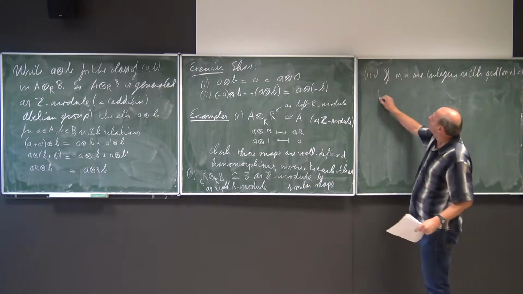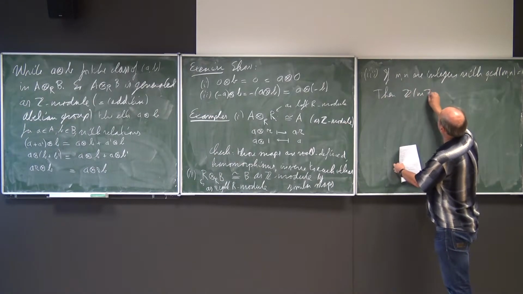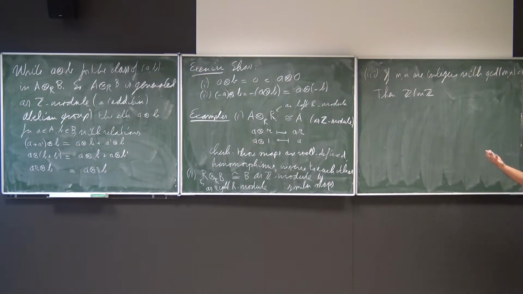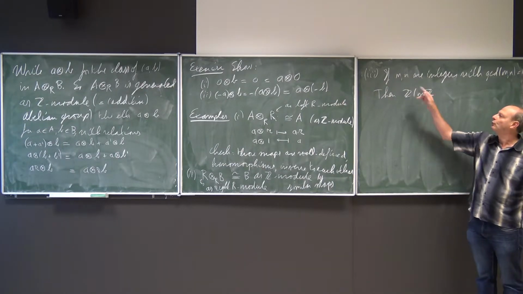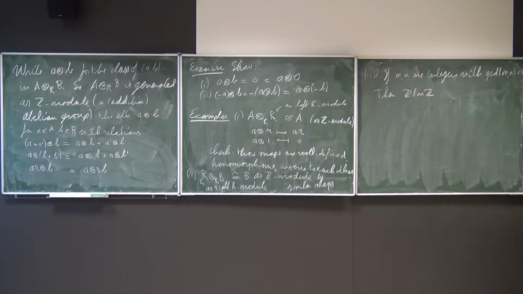Okay, so suppose that I take the abelian group Z modulo mZ. It's an abelian group, so it's a Z module. And Z is abelian, so we can be rather careless about left or right, etc. I mean, normally if you multiply this by an integer 3 or something like this, you put it on the left. But if you multiply it on the right, you get the same thing. So it's both the left and the right module, or a Z module.